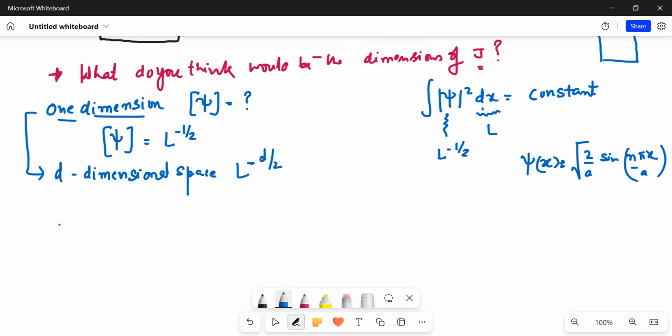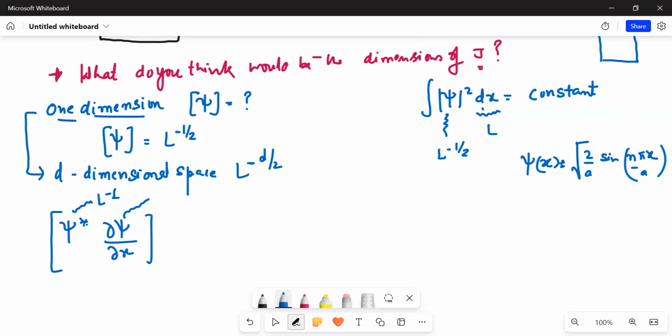See, psi star into del psi upon del x, this is one. What would be the dimensions of this? Psi already has a dimension of L to the minus half. Psi star will also have a dimension of L to the minus half.